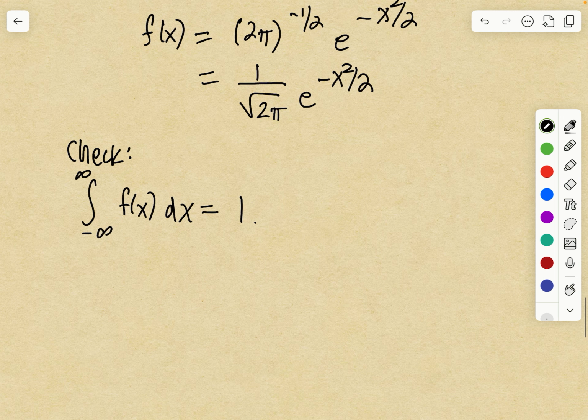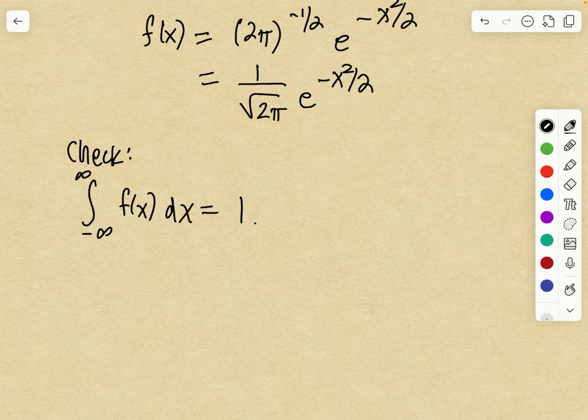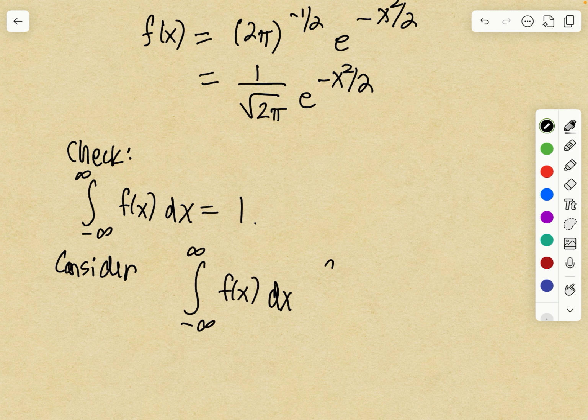The trick is to consider two of these. So you have the integral from minus infinity to infinity of f of x dx times the integral from minus infinity to infinity of f of y dy.